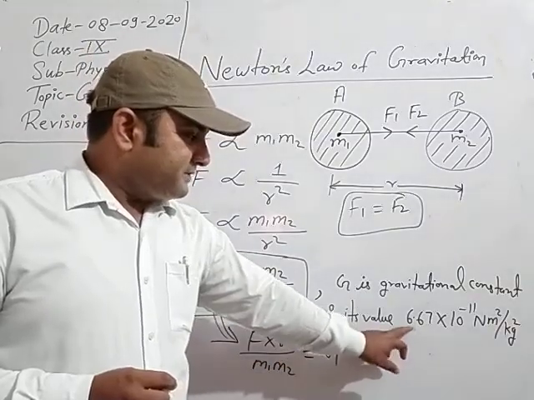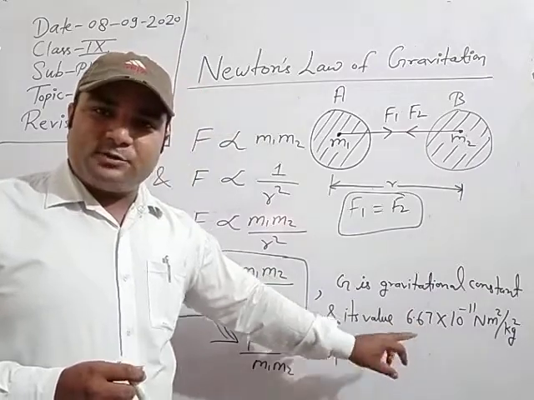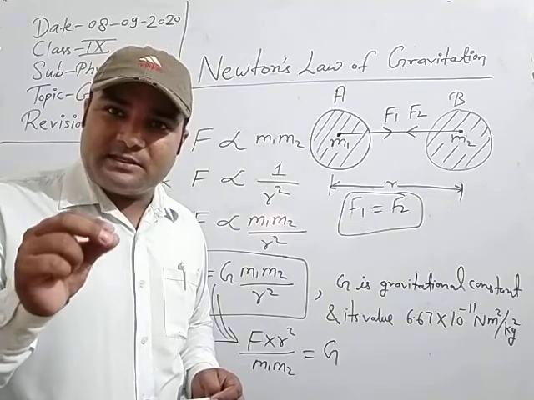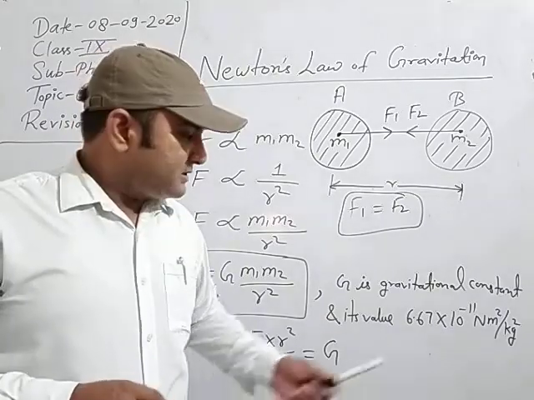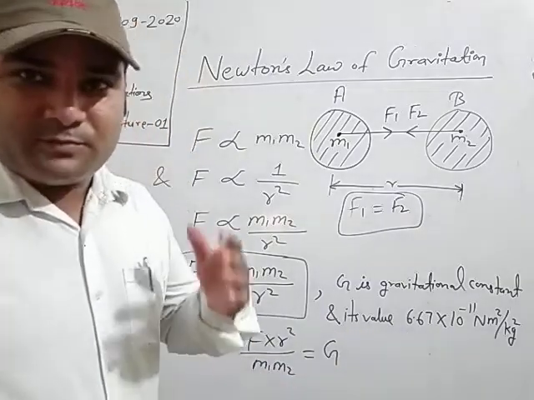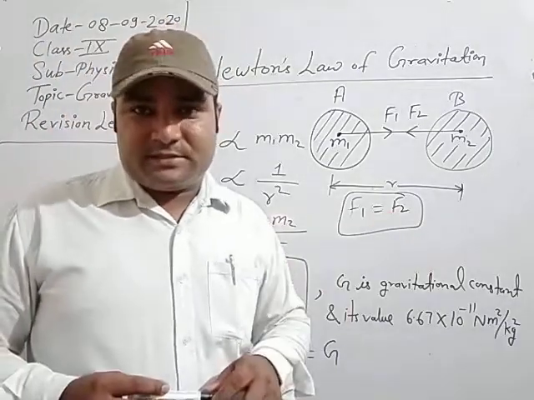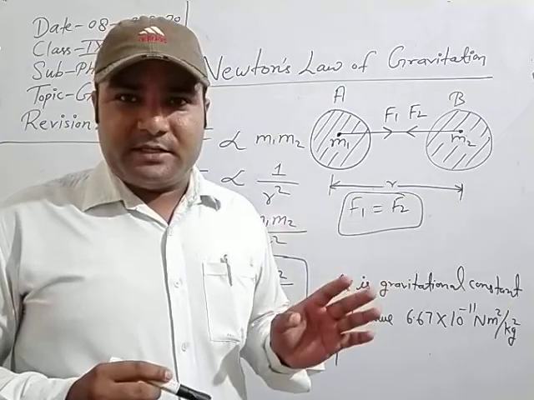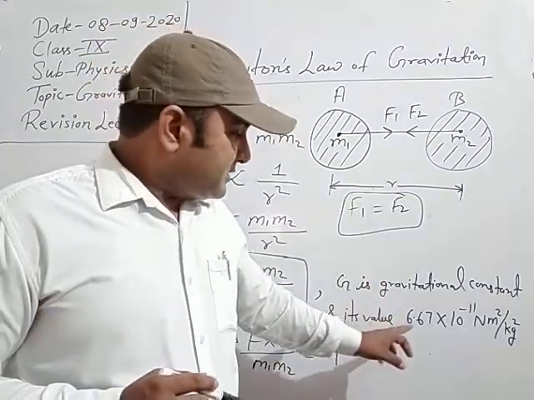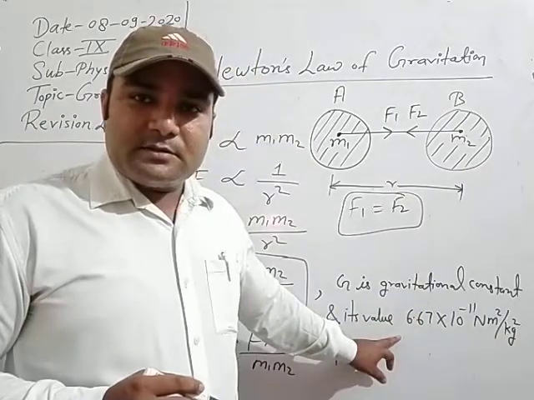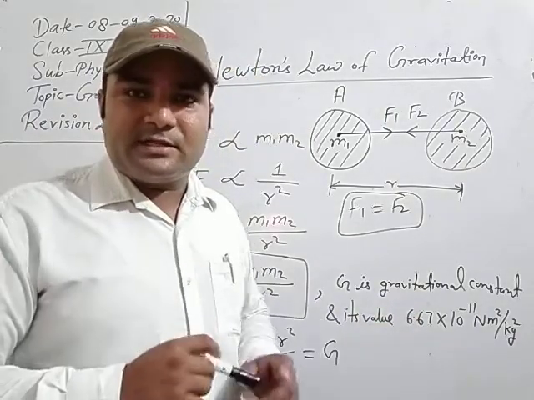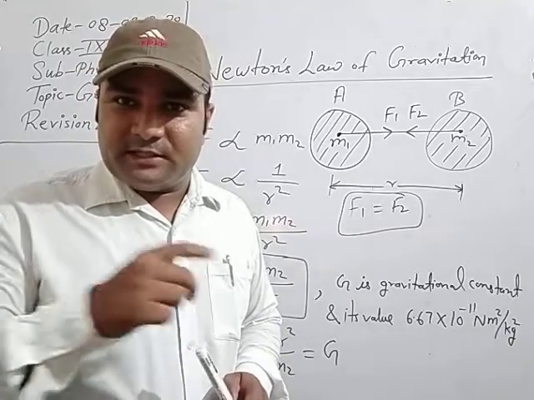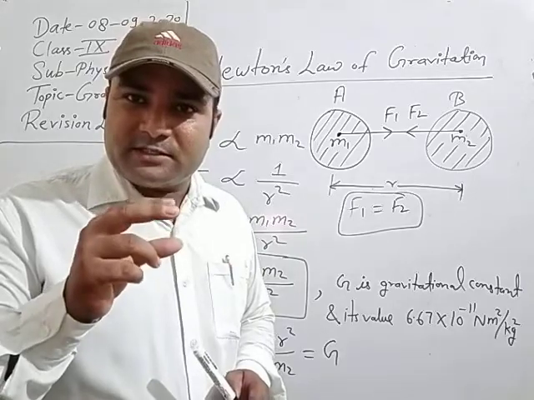This capital G value, 6.67 into 10 power minus 11 Newton meter square per kg square, is always fixed. It means this value never changes when we move from one place to another. It is a constant value, so this constant, the gravitational constant, is also known as the universal gravitational constant. Clear? Why is it called by another name, universal?